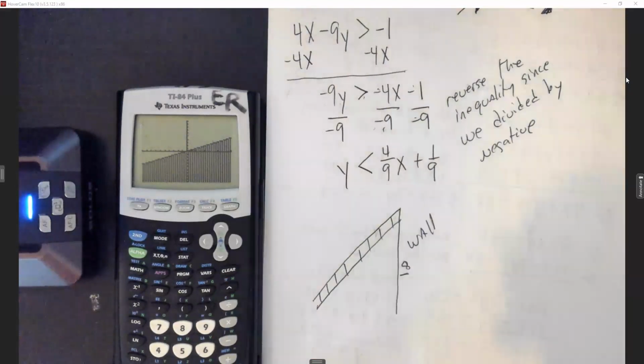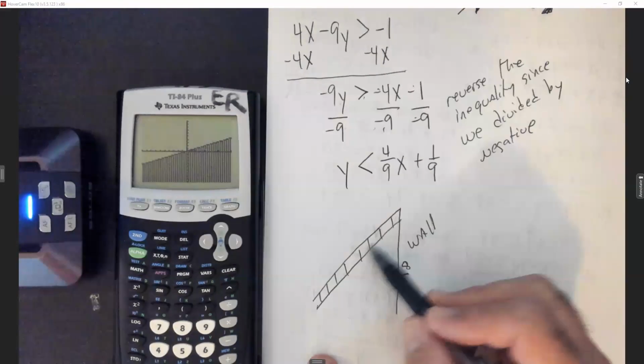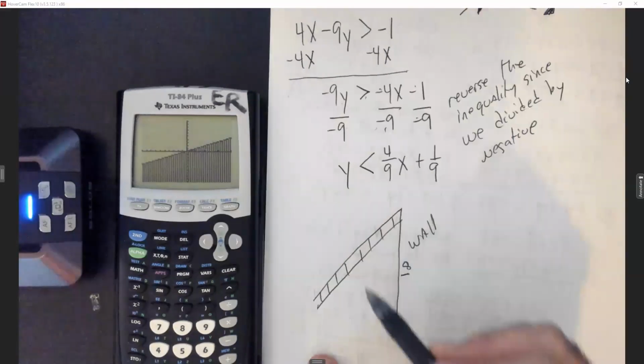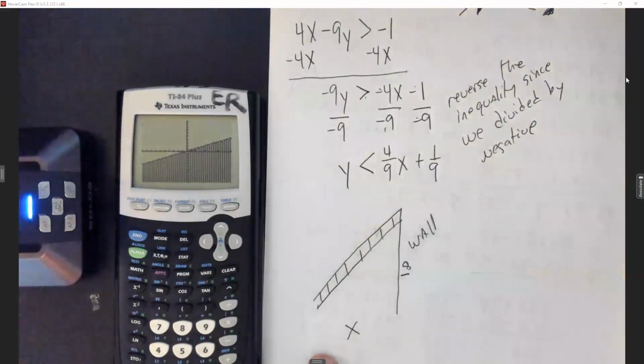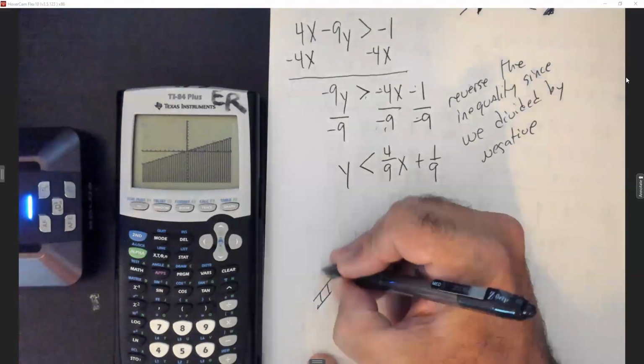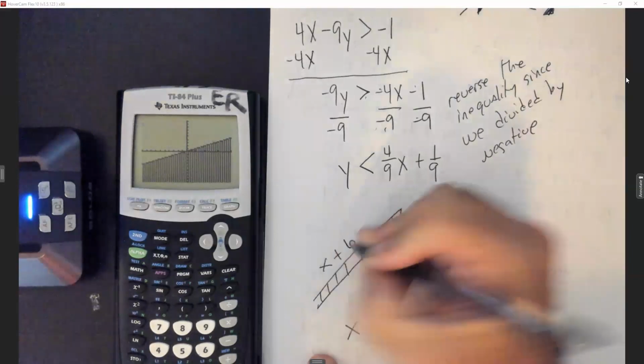Now, I don't know the length of the ladder. I don't know the distance from the wall, but I do know that this ladder is 6 feet more than this distance. So I don't know this distance. I'm just going to call it X, and the ladder will be distance plus 6.